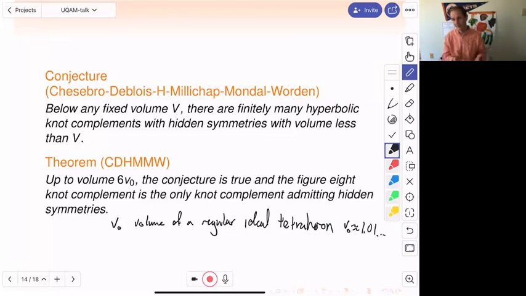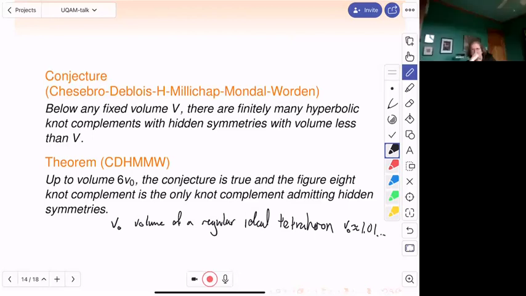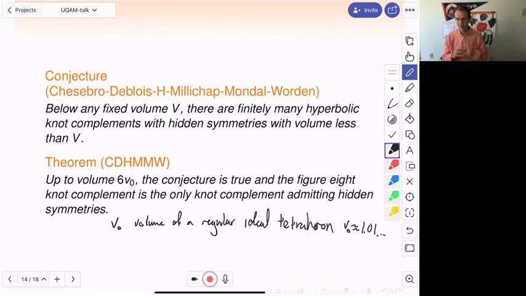For instance, for the experts, the volume of the so-called magic manifold, which has all kinds of exceptional fillings, is about 5.33. So anytime we see some filling of the magic manifold that has more than finite cyclic fillings, the knot complements in those commensurability classes don't have hidden symmetries.